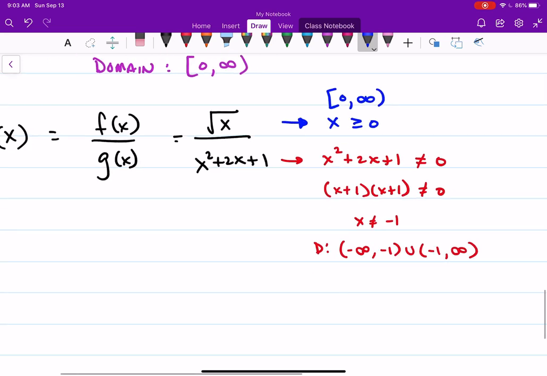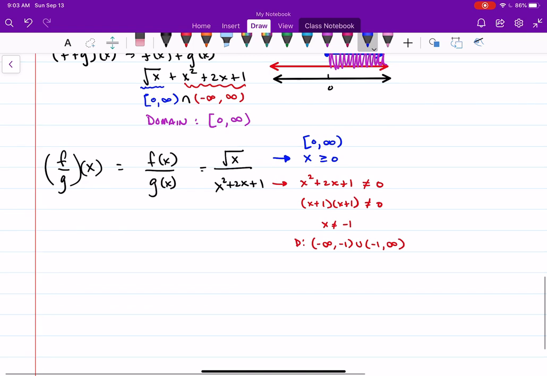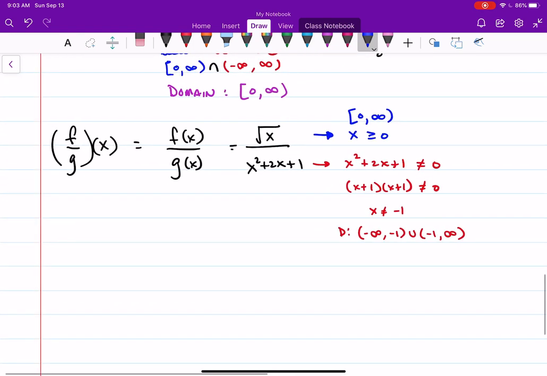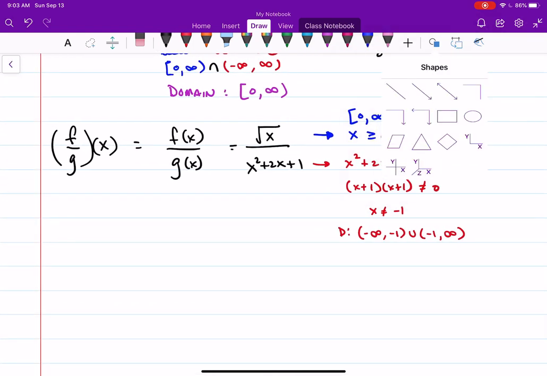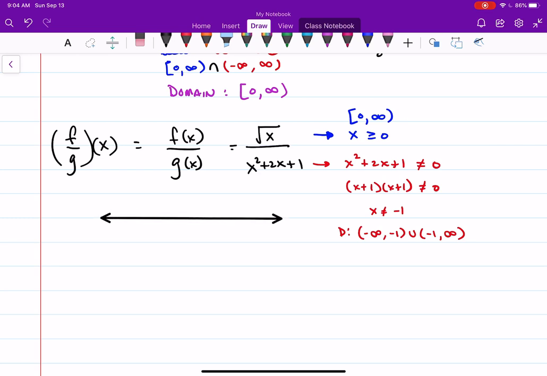Okay? All right. So what does that look like as my domain? Let's go ahead and grab that line again. Okay, and here is 0, here is negative 1, let's say, okay?